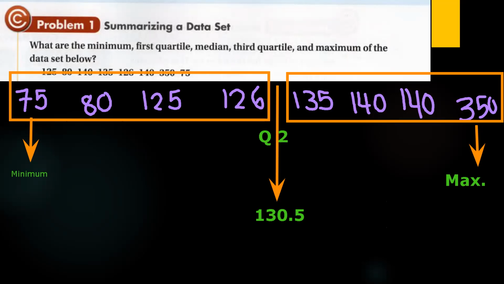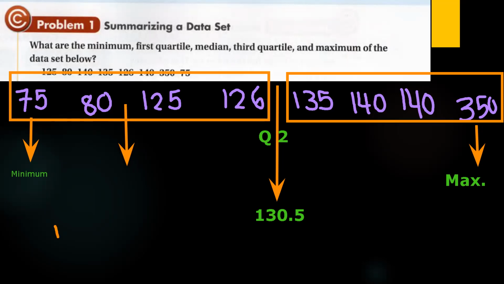So in order to find Q1, let's look now at the first part. We have 75, 80, 125, and 126. Now, where is the median of these four data? It will be between 80 and 125.